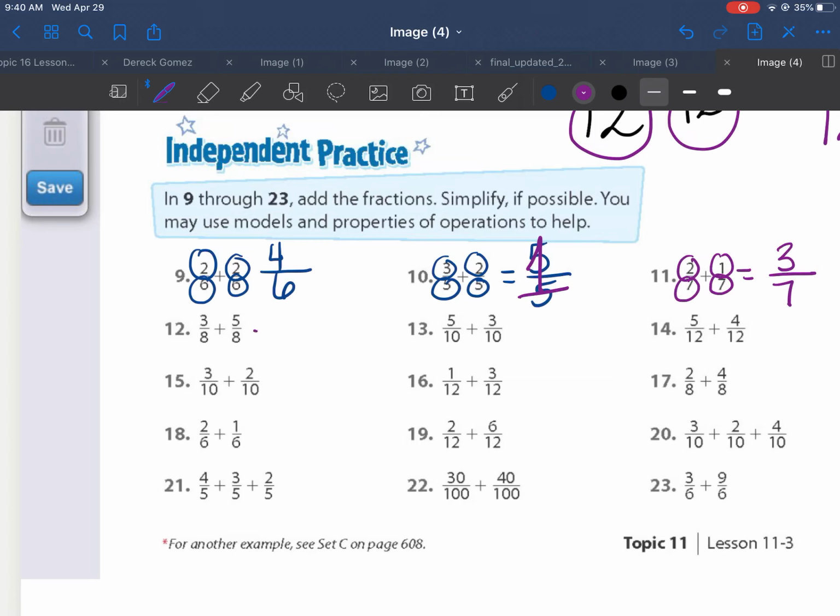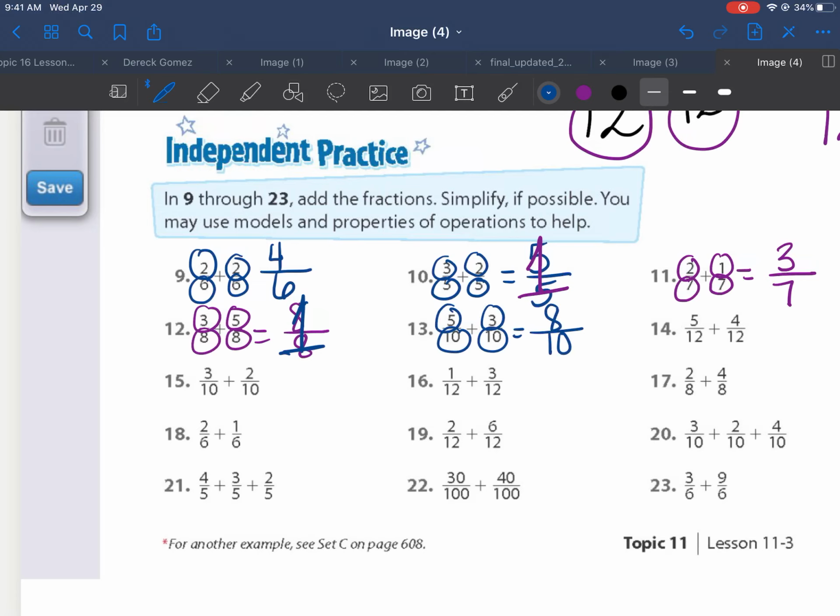Number 11, denominator stays the same. 2 plus 1 is 3. Number 12, denominator stays the same. 5 plus 3, 8. When the top and the bottom are the same, it becomes 1 whole.